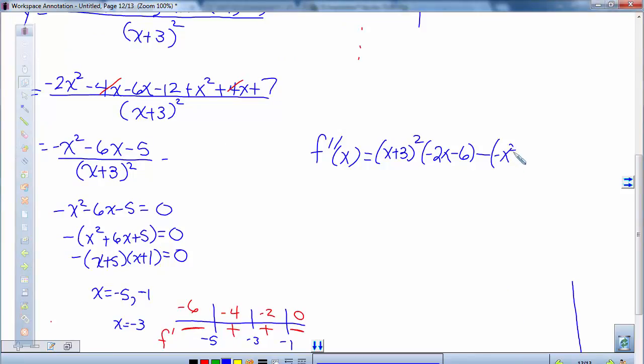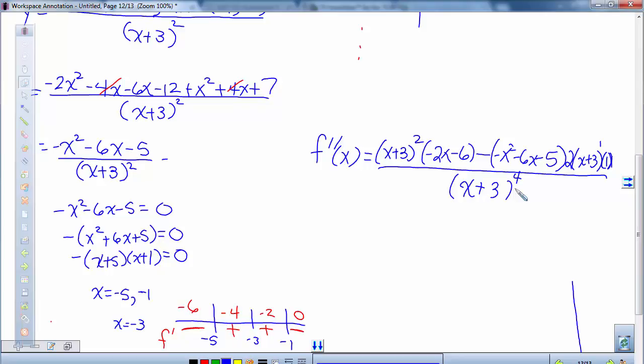Negative x squared minus 6x minus 5, okay, derivative of low is going to be 2 times x plus 3 to the first times 1, okay, all over low squared. So that's x plus 3 to the fourth.